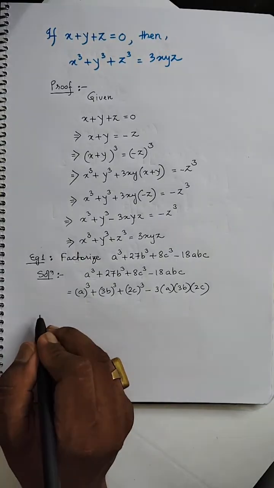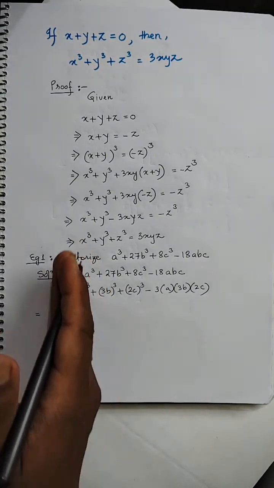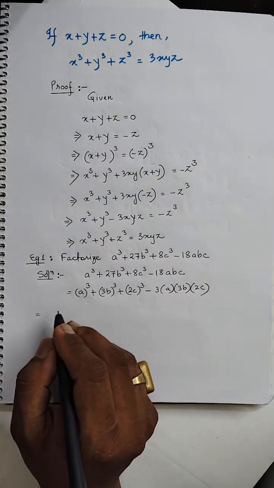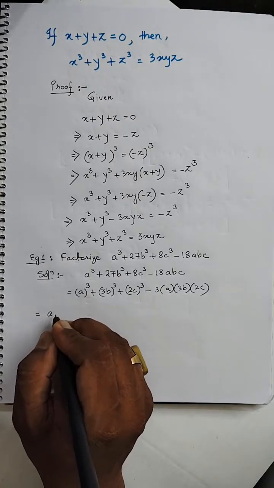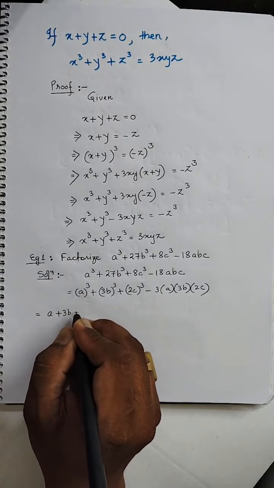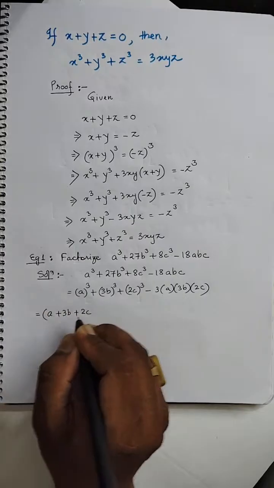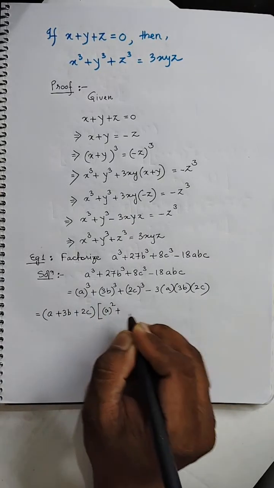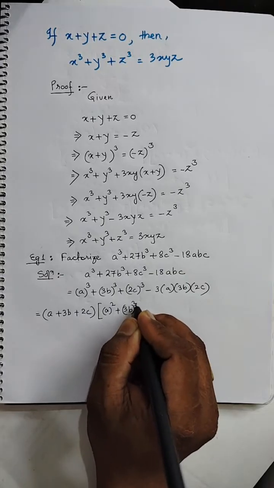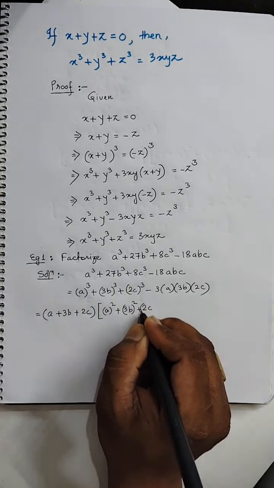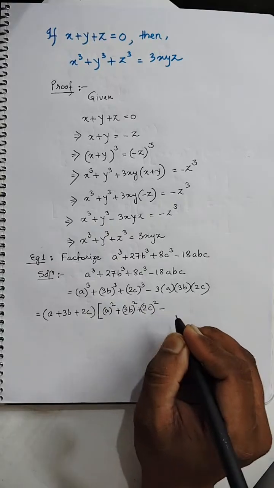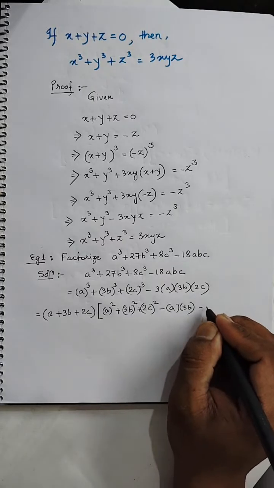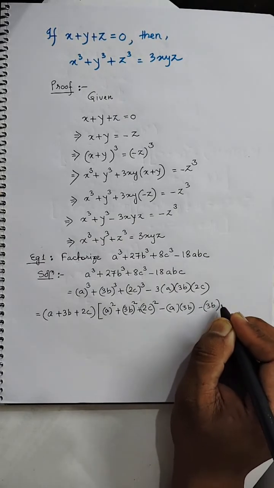So I am writing from this side. Actually all the equals should be on the straight line. So a plus 3b plus 2c, a whole square plus 3b whole square plus 2c whole square minus a into 3b minus 3b into 2c.